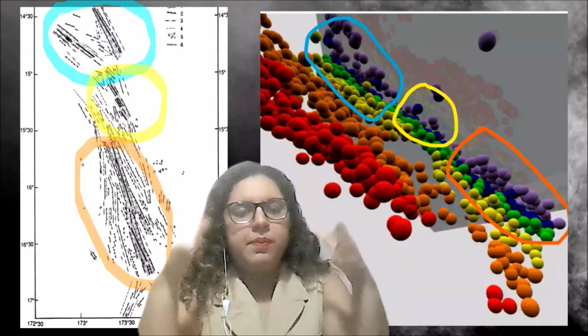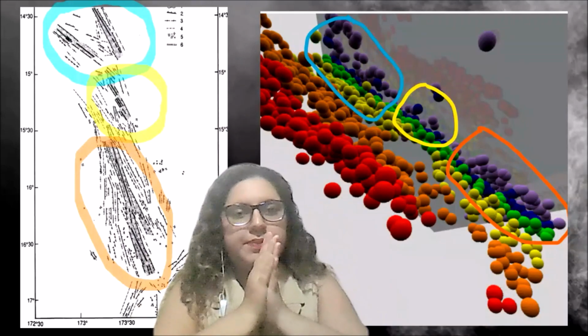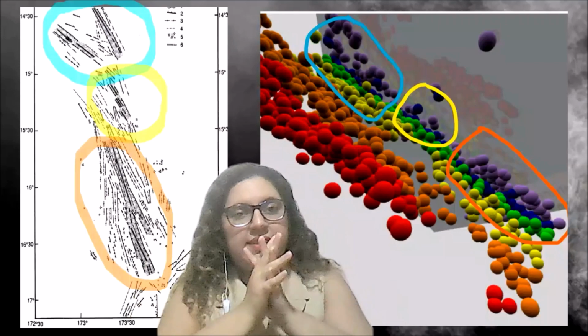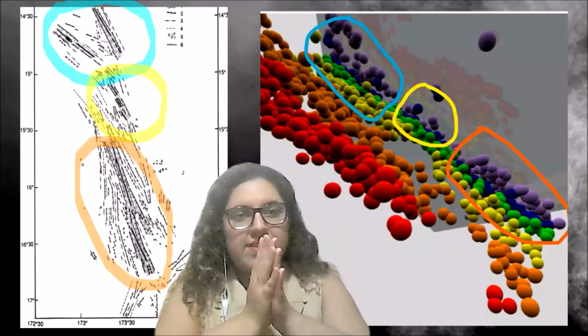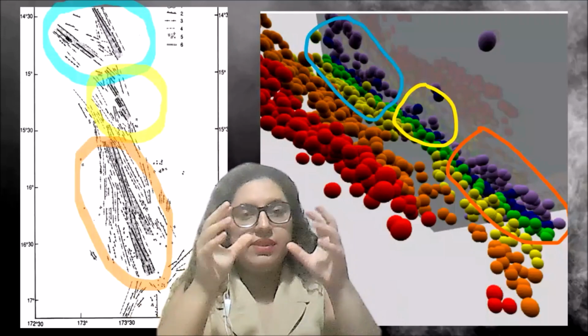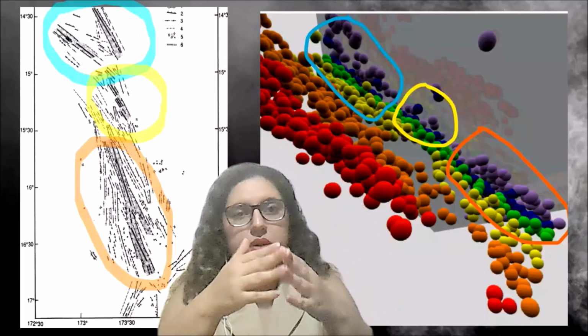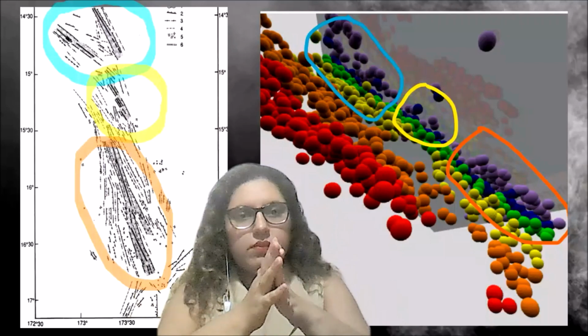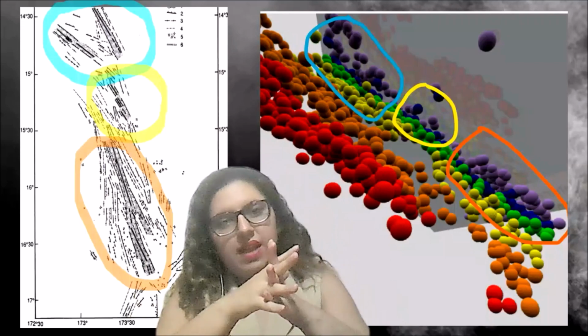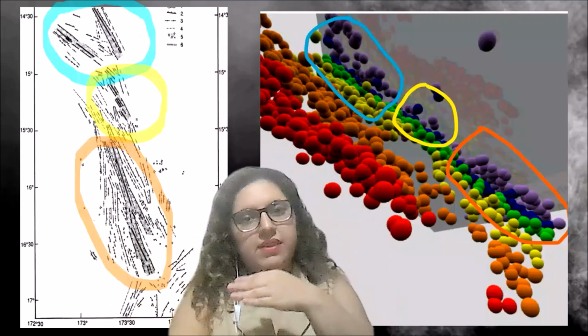Now we have what happened in this zone. This zone is separated into three represented zones. The first is according to the shallow events, then the moderate events, and then the mid events.